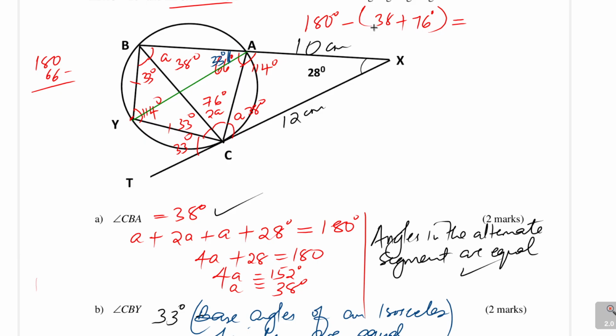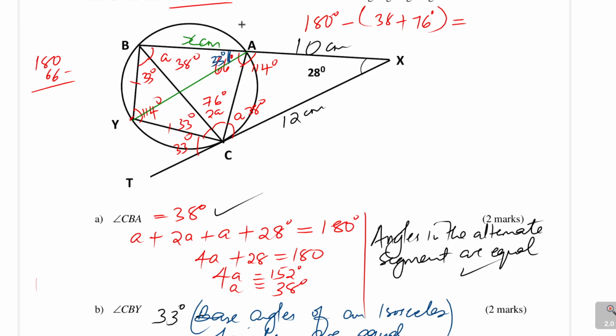We are supposed to calculate the length of BX. So BX, the whole of this length. Since we don't know this part here, BA, we can let BA be represented by, let's say, x centimeters.